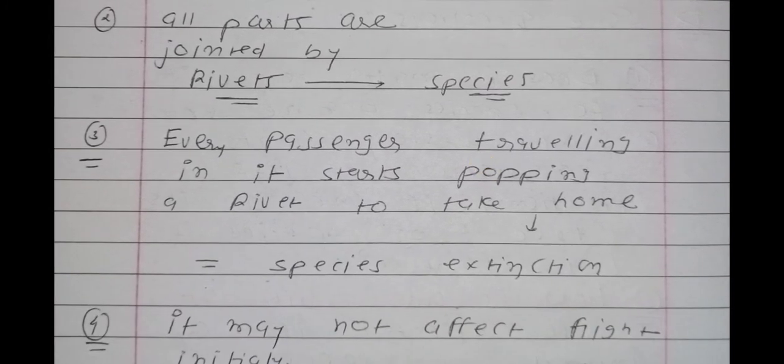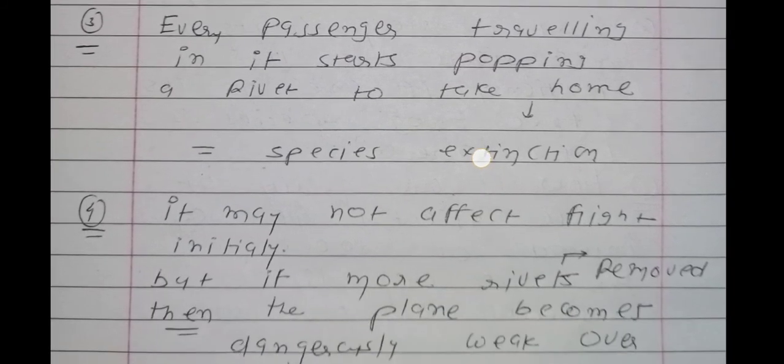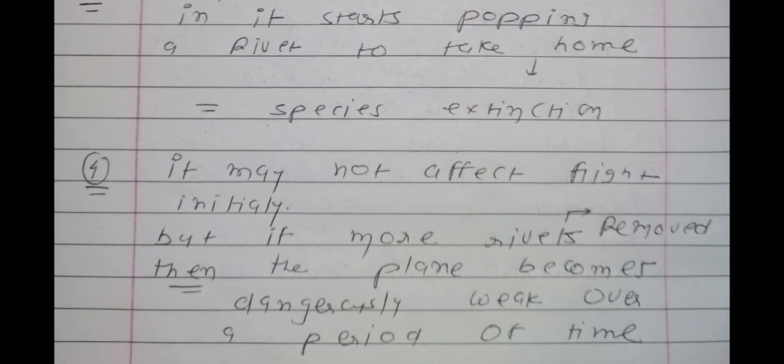Now see point number 3, if every passenger traveling in it, meaning the aeroplane, starts popping a rivet to take home, then species are going to become extinct, okay, meaning species loss is equal to species extinction. Point number 4, it may not affect the flight initially, okay.